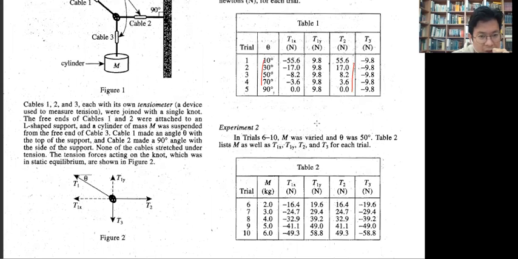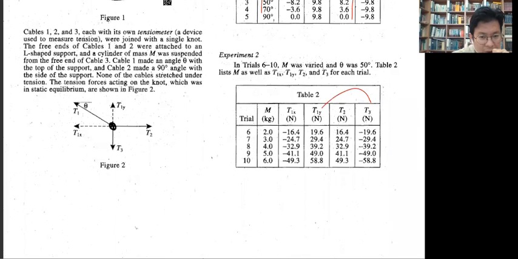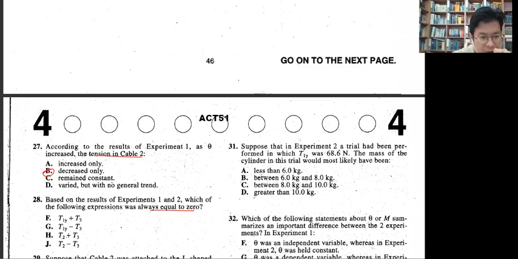You have to find the same number. These two are equal to each other, right? And these two are also equal to each other. So if you add them up, it's going to be 0.